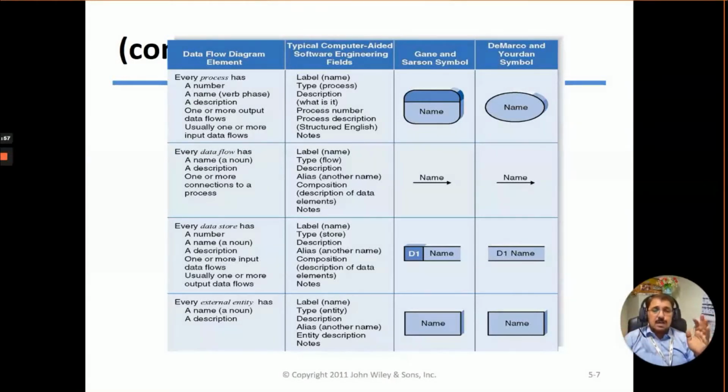What are the four things? One is the process. Two, the data. Third, the data store. And four, the actor, the external entity.